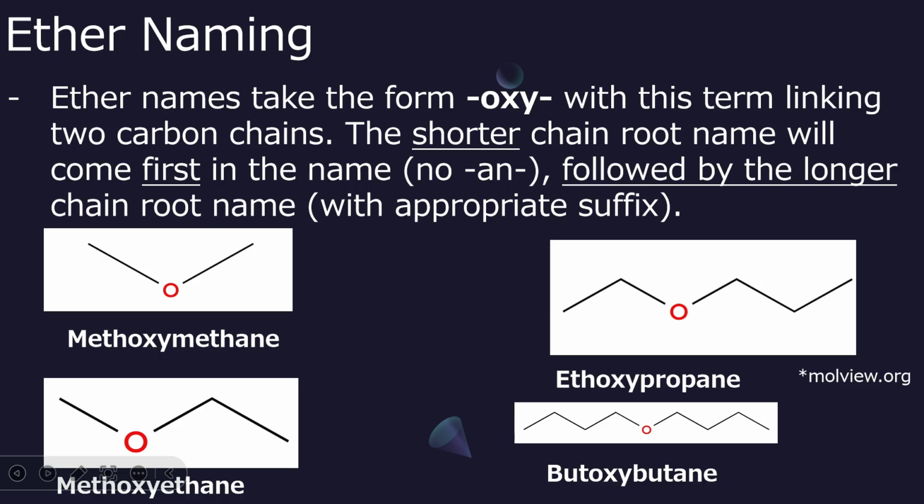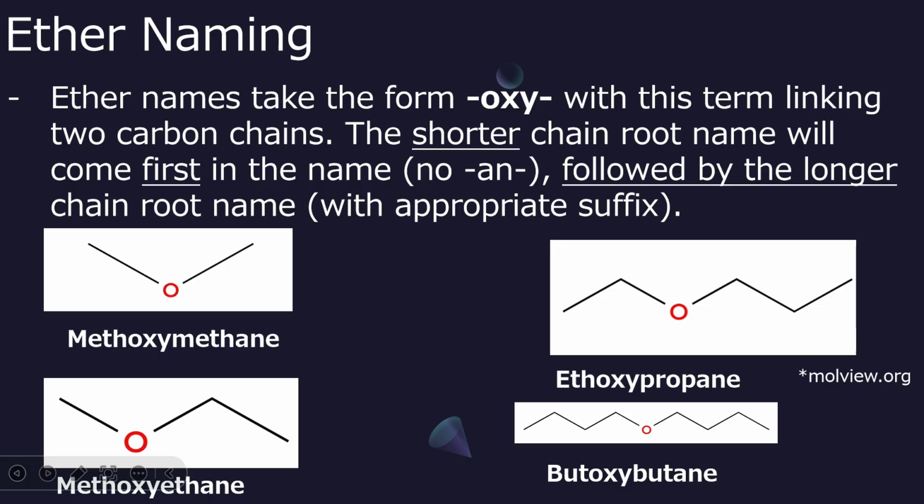Those have the AN attached to the root name. At the beginning of the ether name here, we don't use that AN, so we'll just use meth, eth, prop, but, for example. Methoxy, ethoxy, propoxy is how it's going to go.